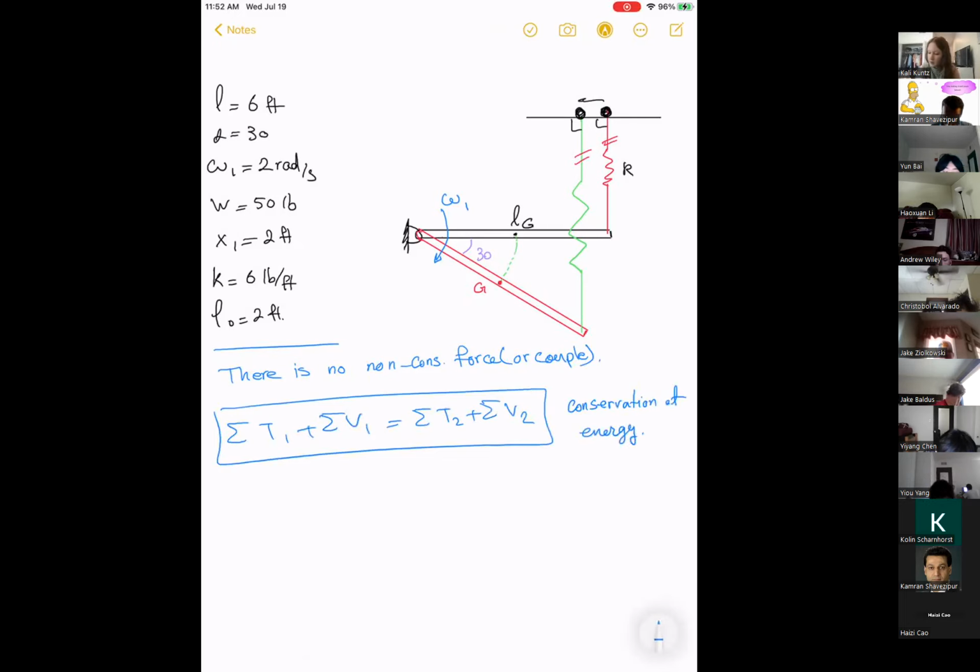Now, how much is T1? We always use the summation because there could be more than one object, but here, technically, I have just this bar. So I have one object. If that's the case, how much is T1?